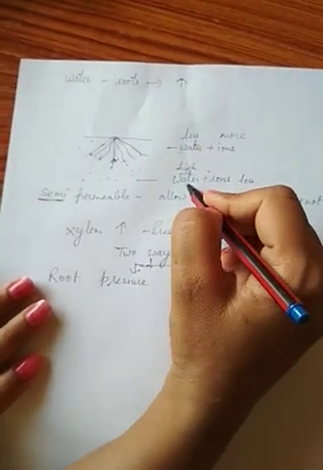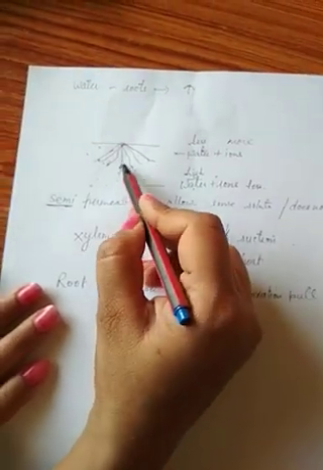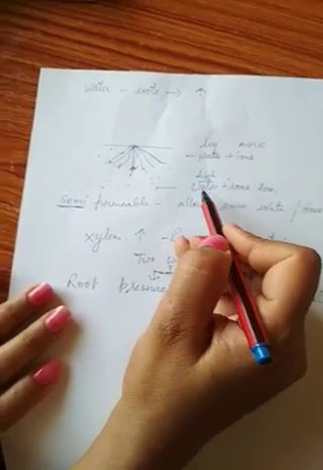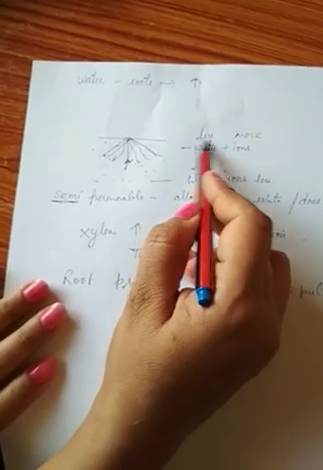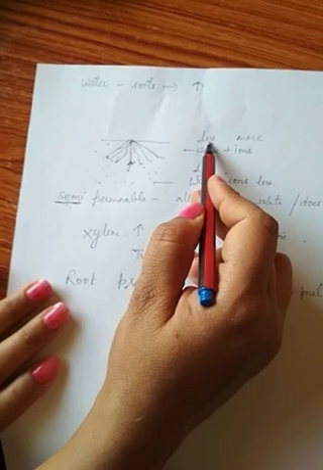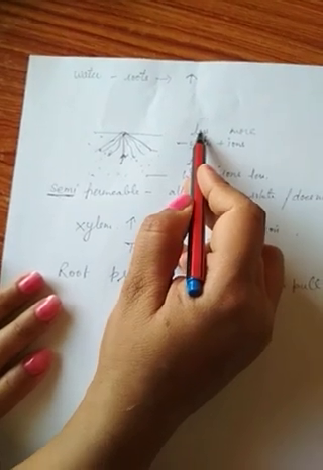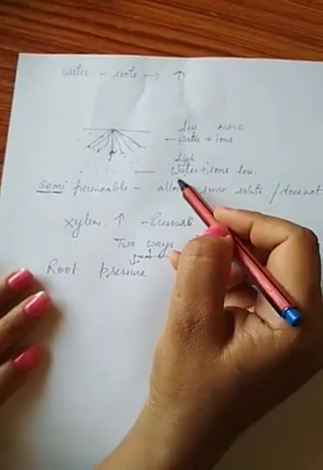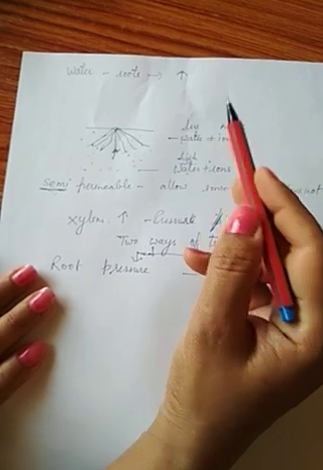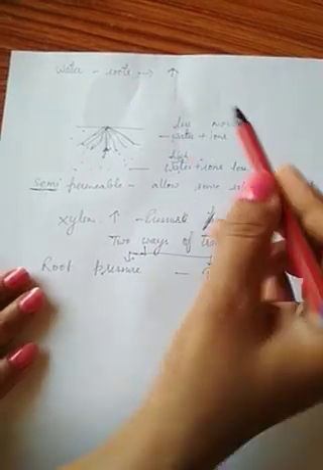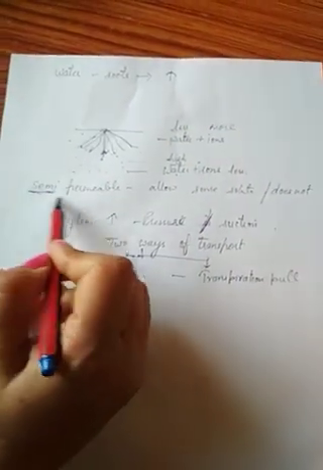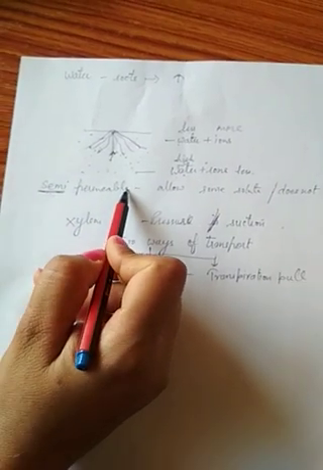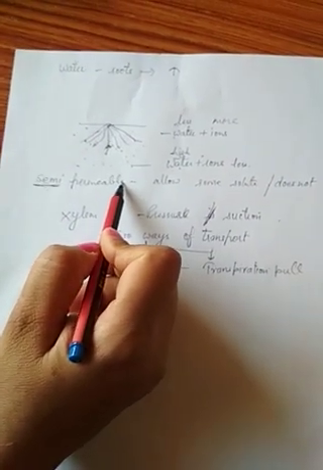So as the water is moving into the root, it is moving from higher concentration towards lower concentration. That process in which the water moves from higher concentration towards lower concentration through a semi-permeable membrane is called osmosis.